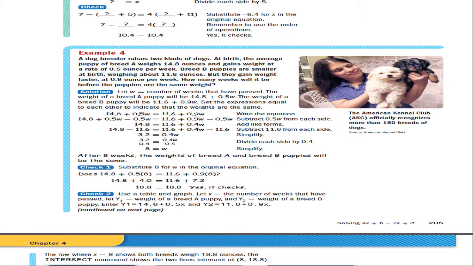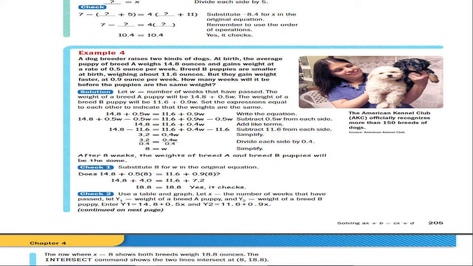Here is the one dog's growth and the other dog's starting weight and growth. We manipulate that to find out what W is, and W then becomes 8, so 8 equals W, which is the number of weeks that it takes for them to be the same. We do a check of it. We could also check it by making a table or making a graph.